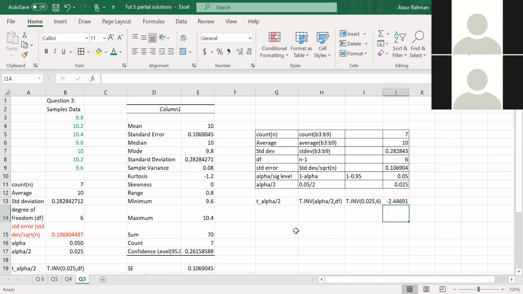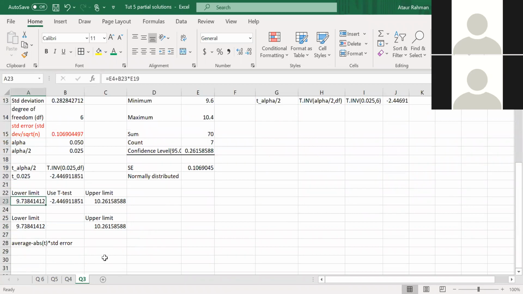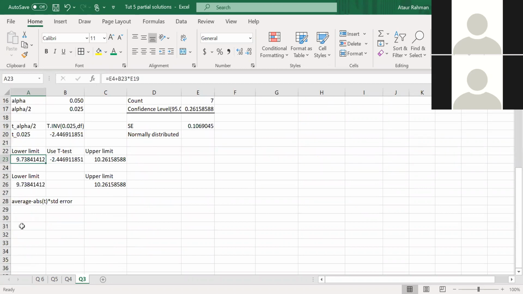So that is my t value there. So now this is the equation that we'll be using.